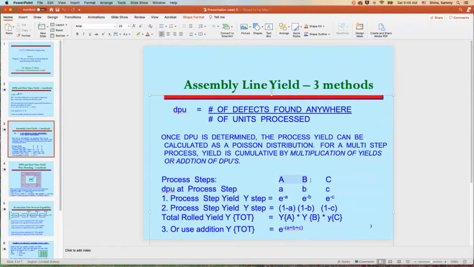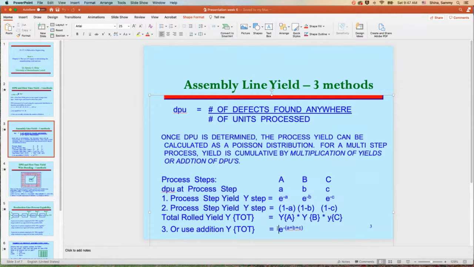Each step has a defect rate, so there are Six Sigma calculations on each step, and therefore there's a DPU at each step of manufacturing, and a reject rate or yield for each step.